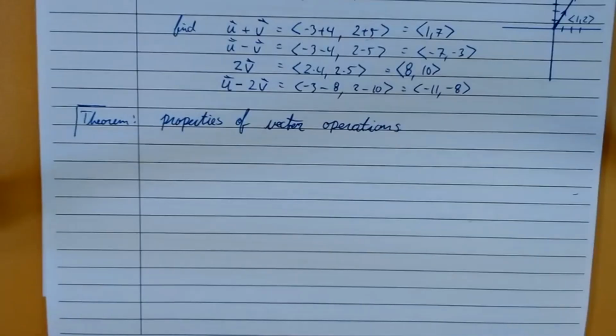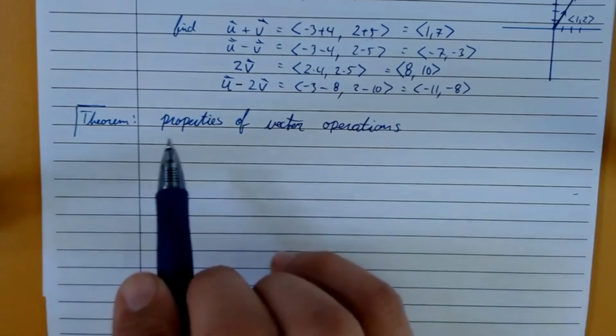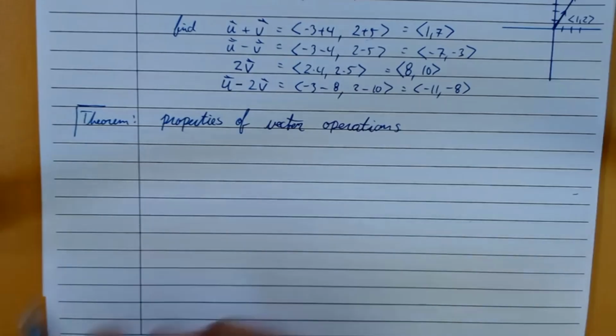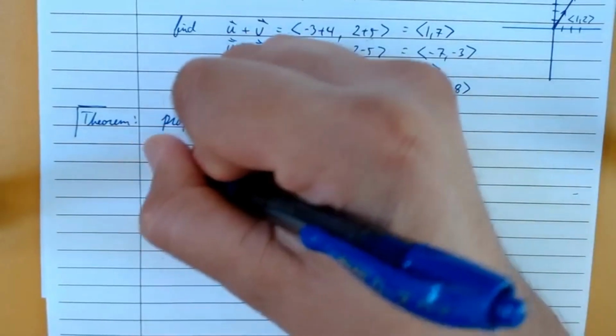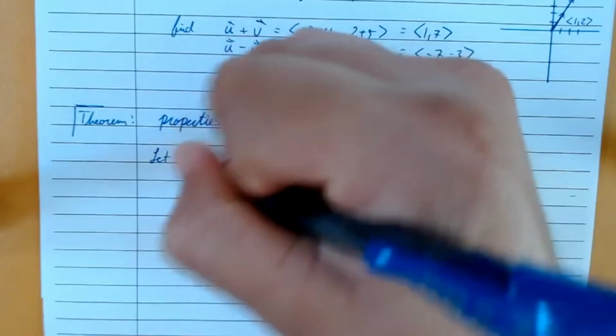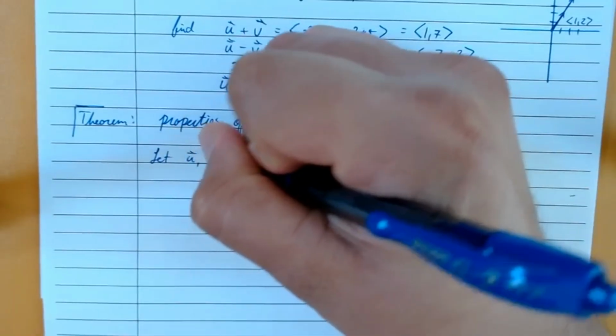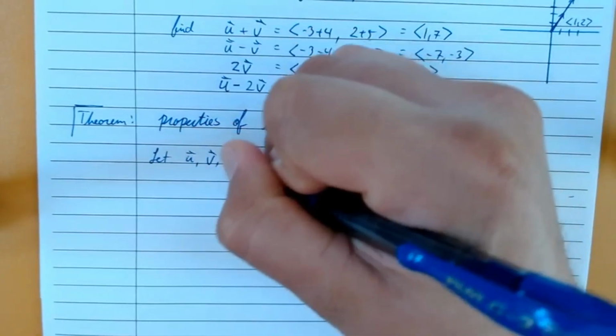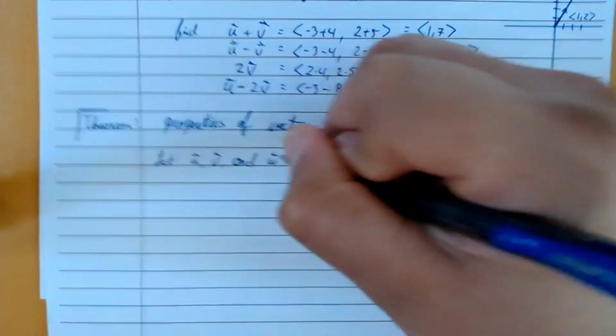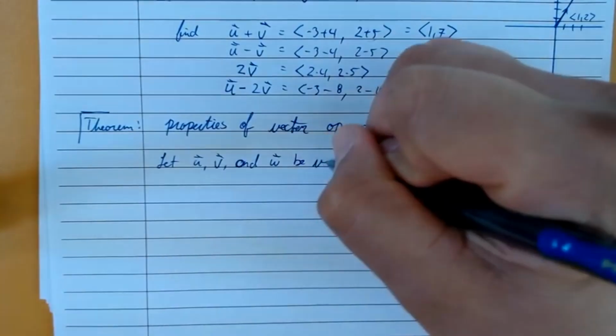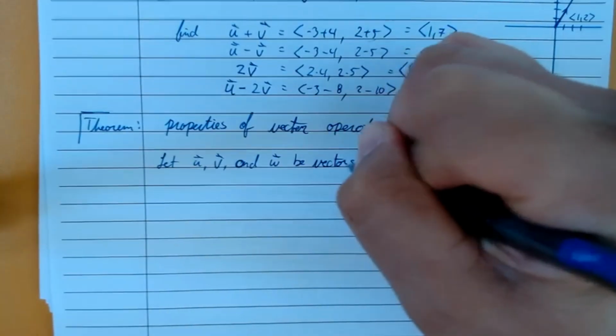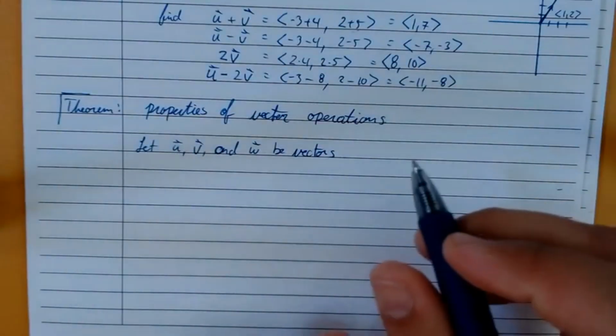We're only going to prove one of them. Our textbook proves a second one, and some of the rest of them are left to you as homework. All right? So here we go. Properties of vector operations. Let's begin with some assumptions. Let u, v, and w be vectors. Let's have a scalar too.